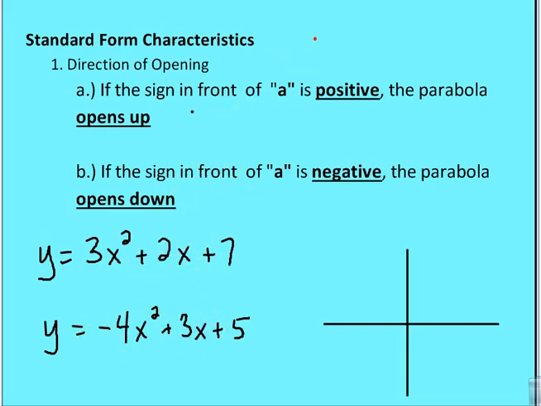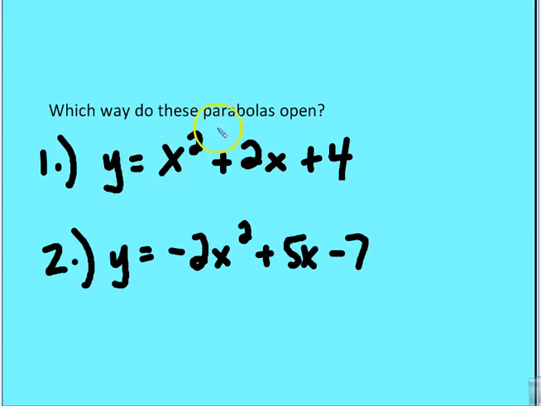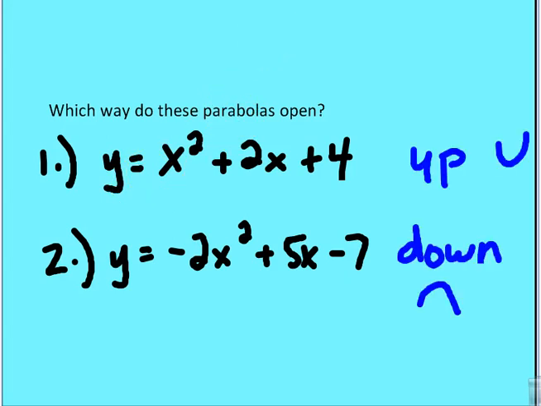For the second example, the parabola opens down. So which way do the parabolas open? Up for the first and down for the second, positive sign, negative sign. The idea here is not for you necessarily to be able to answer this question on a test, but to be able to spot check or identify, once you've graphed the parabola, if in general your parabola is facing in the correct direction.